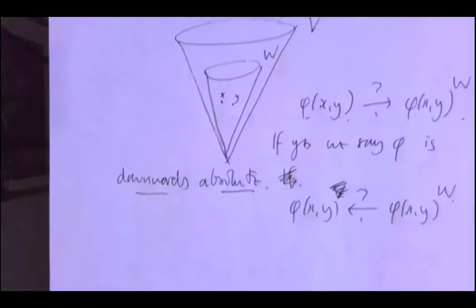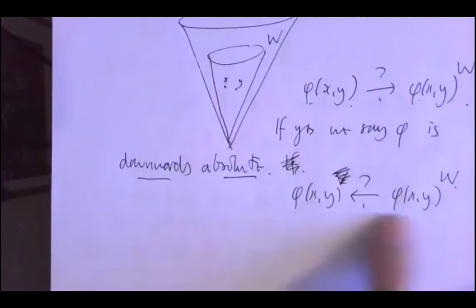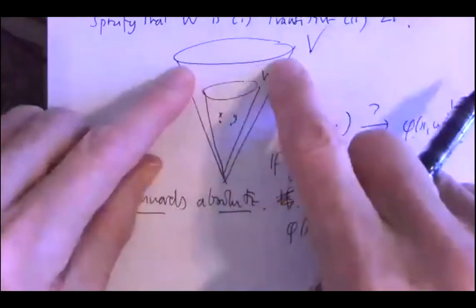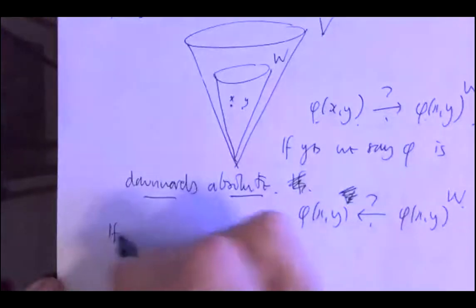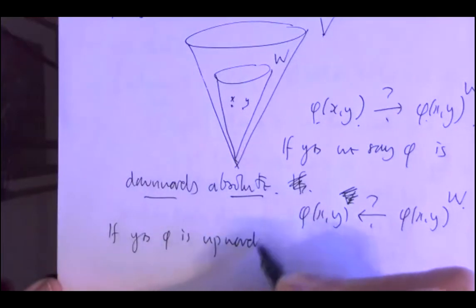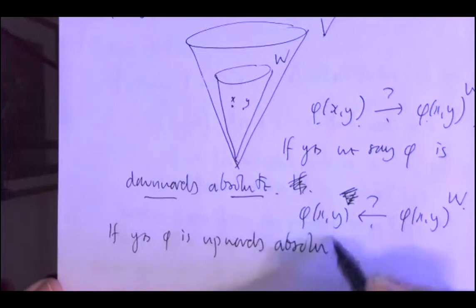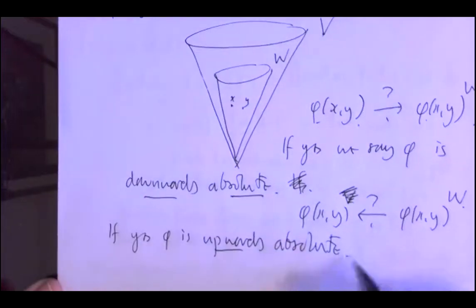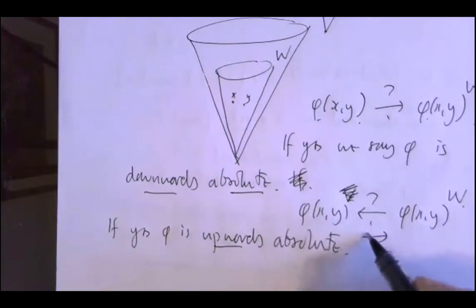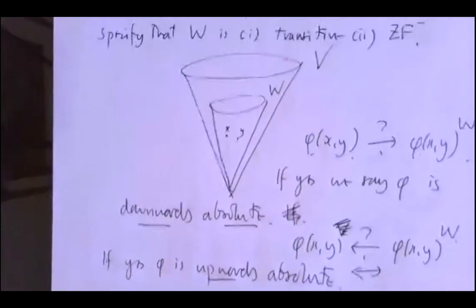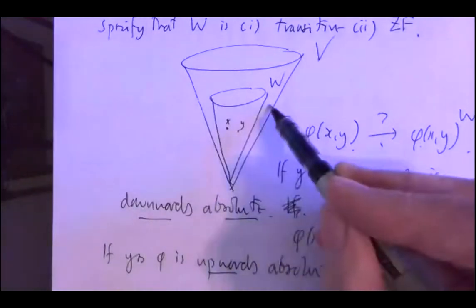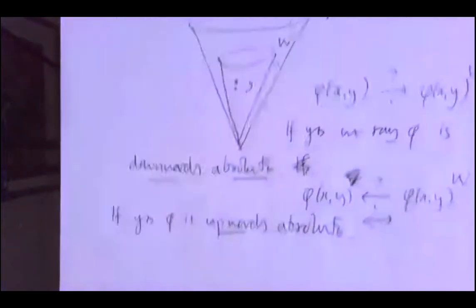So we don't write this here. So the answer is yes, in this direction, it's going upwards absolute. So it's going from W up to V, right? And it's absolute if it goes in both directions, right? Now, if W is transitive, simple things are absolute.